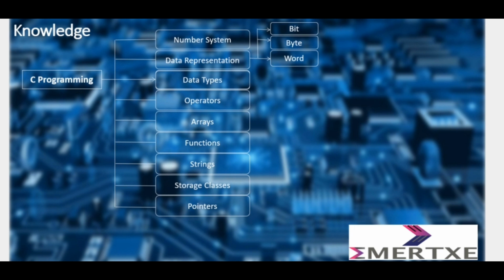Next, we have data types: int, char, float, double. These have different sizes. Int has 4 bytes, char has 1 byte, float has 4 bytes, and double has 8 bytes.